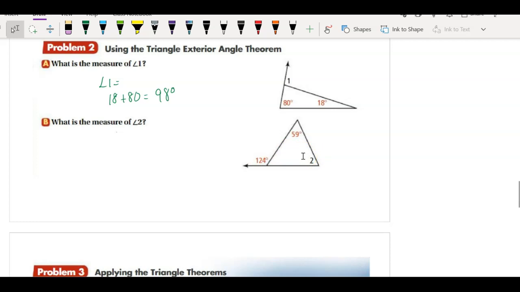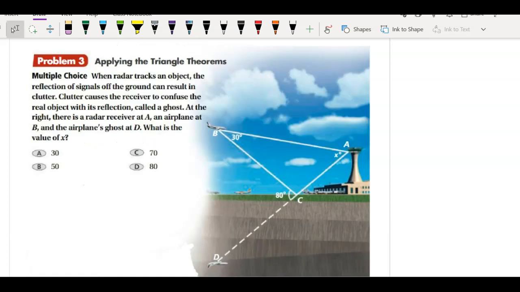So we're simply going to subtract 59 from 124, and so we know that angle 2 is equal to 65 degrees. Now how can I check that? I can say, is 65 plus 59 equal to 124? When I do the math on the side, I see that it is.